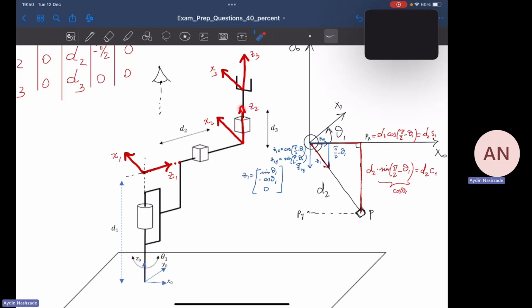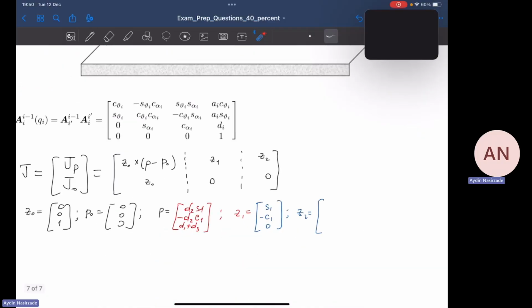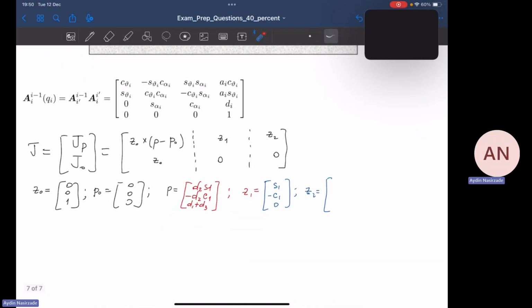As you can see, this is parallel to Z0. So no matter what you do to rotate or translate this joint, Z2 is always parallel to Z1. So they are equal, and it's going to be 0, 0, 1. That's it.